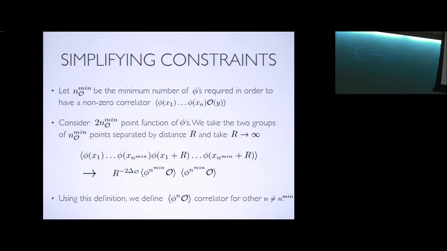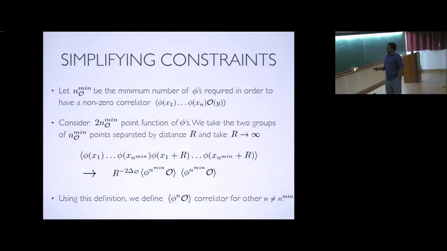From there, what would multiply this r to the minus 2 delta O term is the product of the correlation function appearing on this side and this side, which is just phi n minimum O and phi n minimum O. And from here, I'm defining what I mean by this correlator, which is phi n minimum times O. Okay, so now this helps us define the correlator of this kind where n is n minimum. And now using that definition, let me define, yes please.